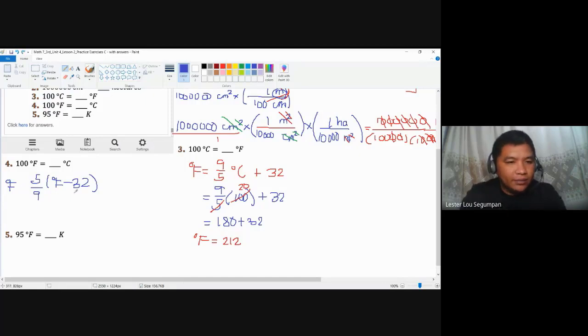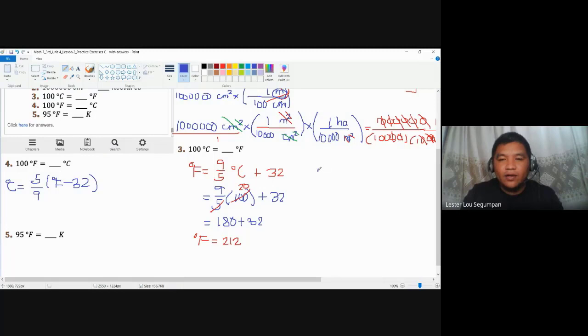Sorry, it's not F anymore, and it's still an equation. We subtract 32 both sides, so you are left with 9/5 degrees Celsius because minus 32, that's 0.